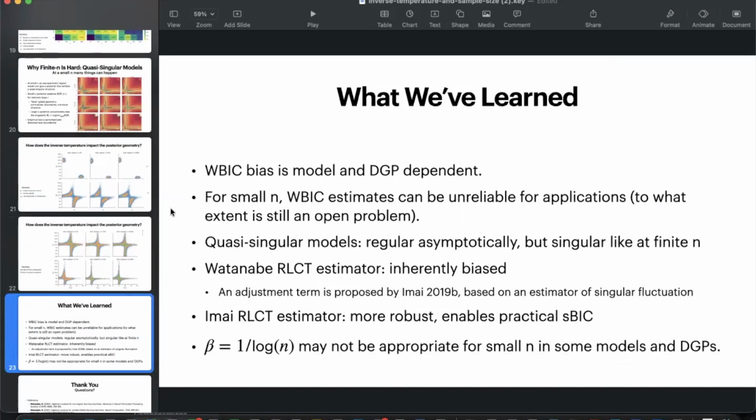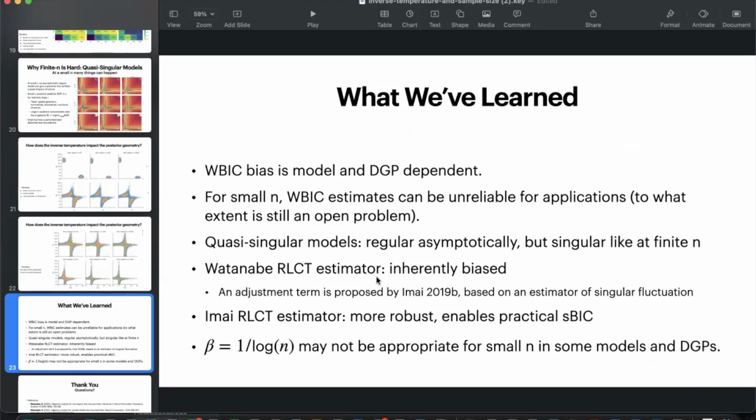Okay, so this concludes what we've talked about. Just the big takeaways. WBIC is biased and is model and data generating process dependent. For a small n, WBIC estimates can be unreliable, especially when we're doing model selection. Quasi-singular models are regular asymptotically, but they have a singular-like geometry at finite n. The Watanabe RLCT estimator is inherently biased.